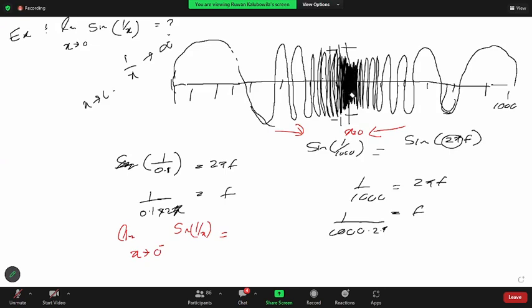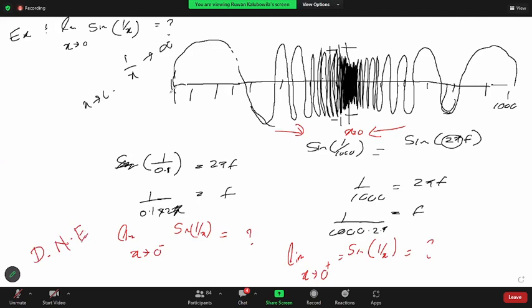Because the frequency is infinity. You cannot give an exact value, right? At the other end also, the same problem is there. You cannot express a value for sine 1 over x when x reaches 0 from the positive end. So the idea is the limit here does not exist.